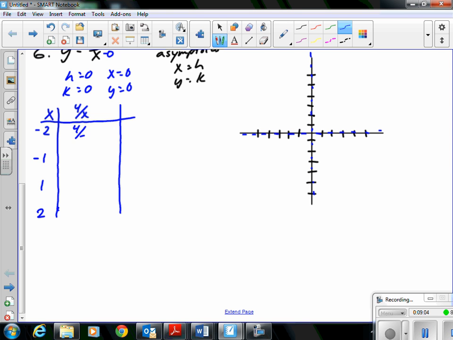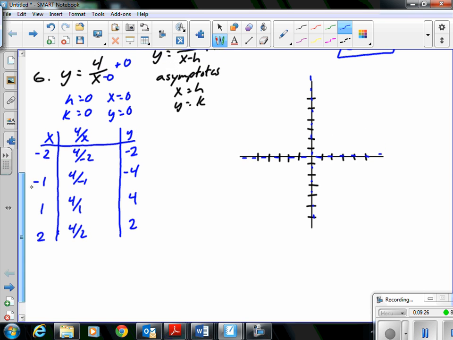It's going to give me 4 over -2, or -2 for my y, 4 over -1, -4 for the y value, and we can do 4 over +1, so +4, and 4 over 2, it's going to be +2.